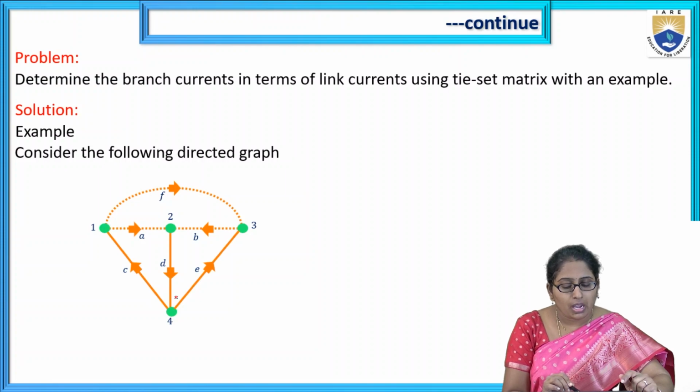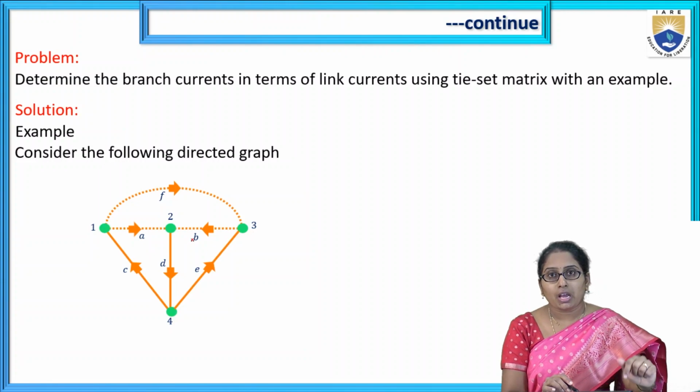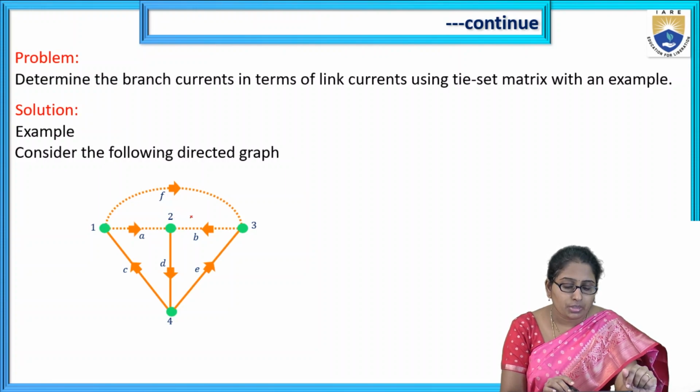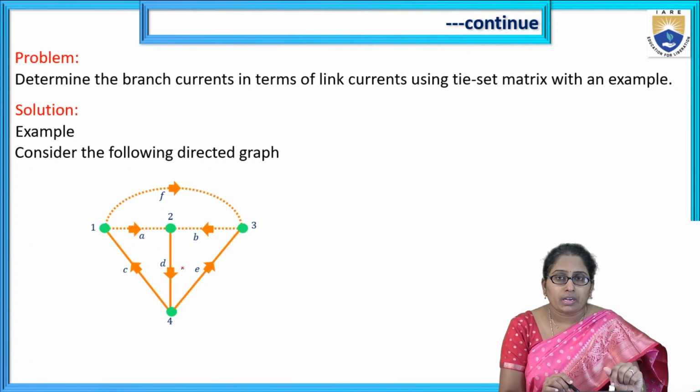Here I have denoted nodes with the numbers 1, 2, 3, 4. There are 4 nodes and the branches are with alphabetical letters A, B, C and so on up to 6 branches. This is the graph I have taken to solve this problem.